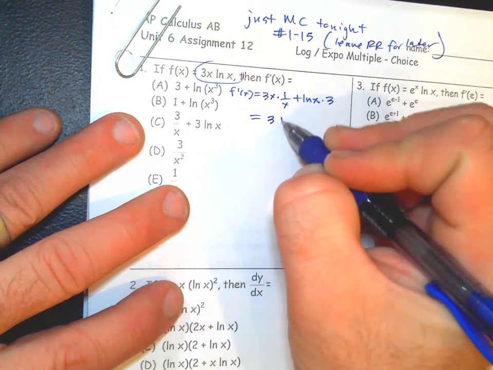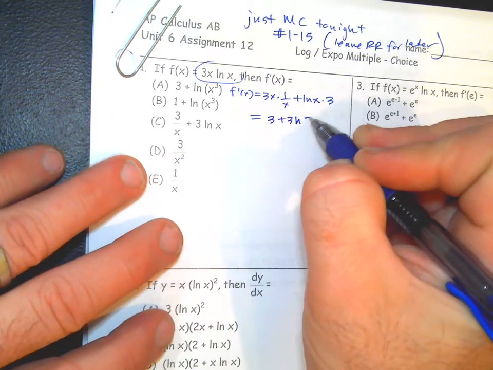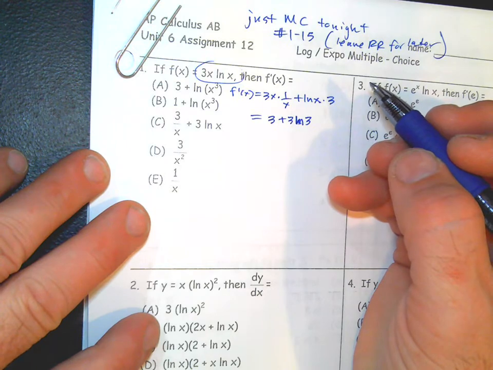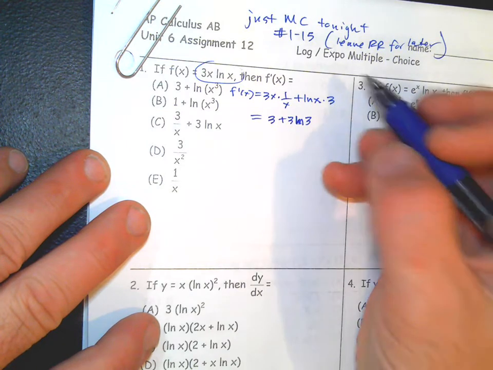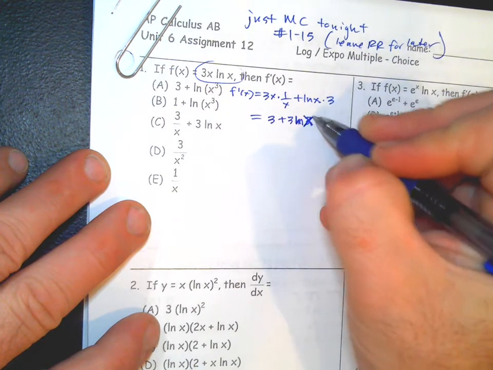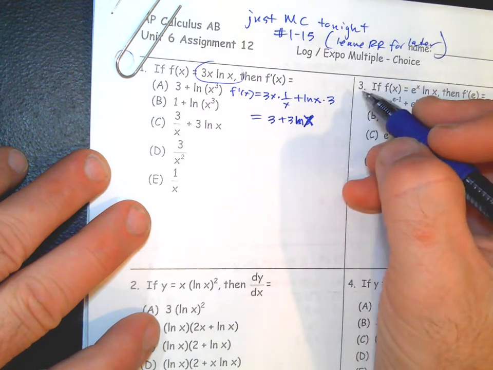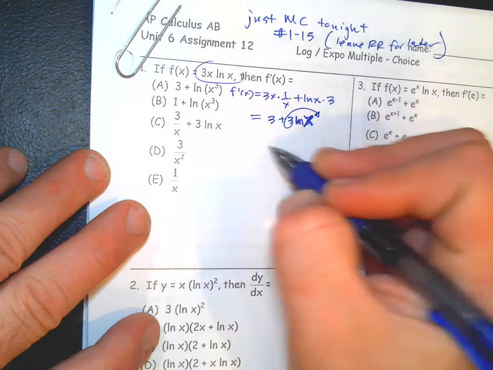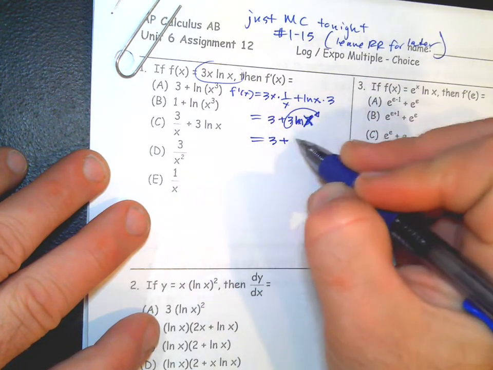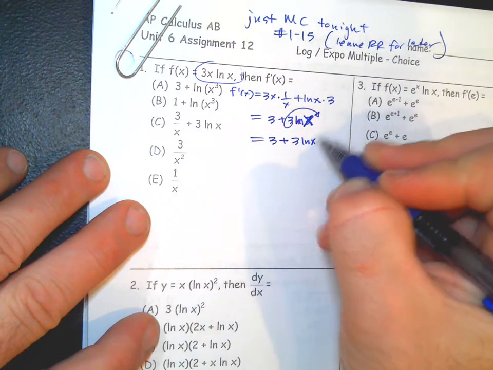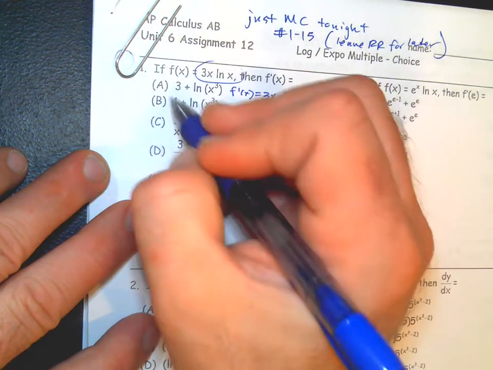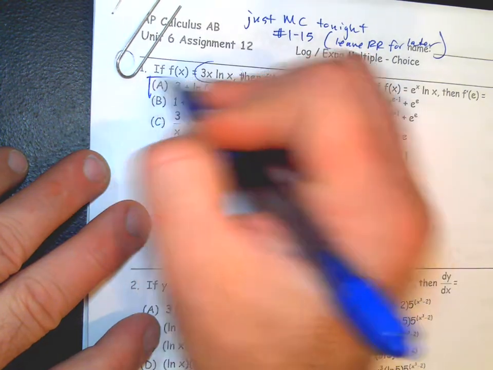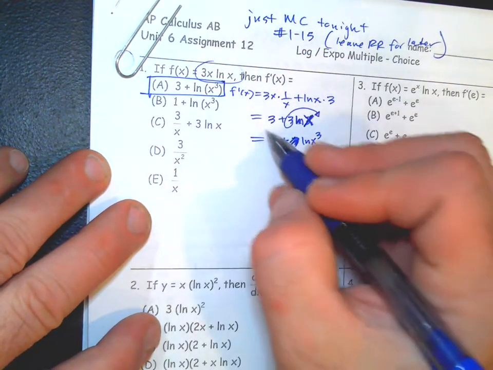It's 3 plus 3 natural log of x. So I don't see that answer. So we've got to consider that maybe we need to use some log rules to combine it. So we can bring that 3 in as an exponent. And there it is. So sometimes multiple choice is more work.